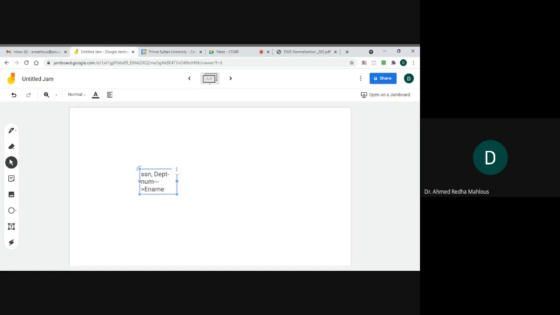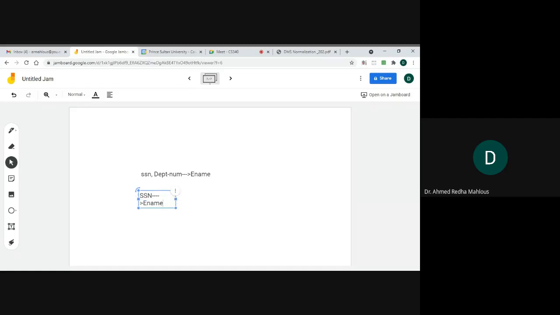What do you think about this one? Is it necessary to have both SSN and department number to know the employee name? I think one, SSN, is enough. And this is what we mean by partial.